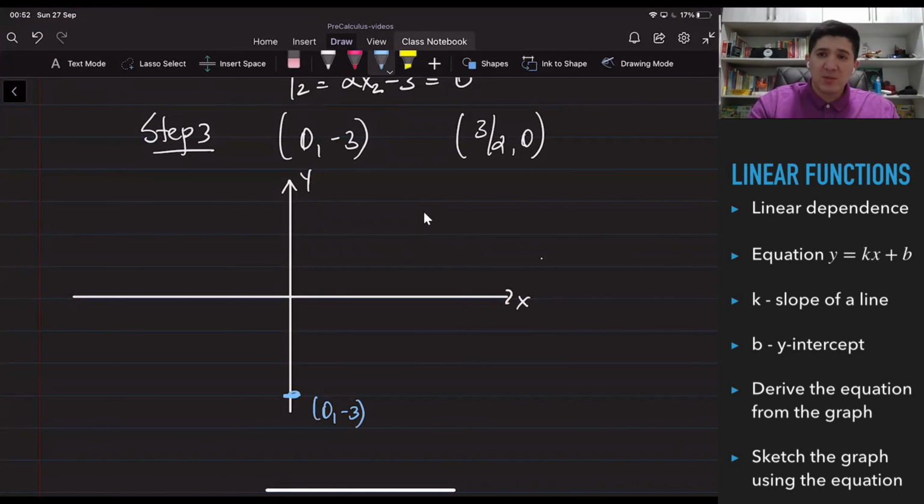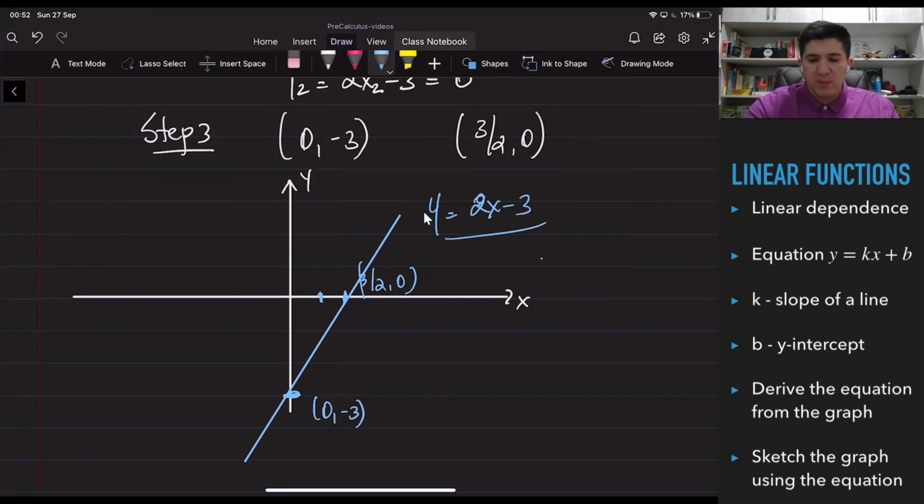And the second point is 3 over 2, which is 1.5, so 3 over 2 and 0. What I need to do is just connect these 2 points. Something like this, and this is going to be the graph of the equation y is equal to 2x minus 3.